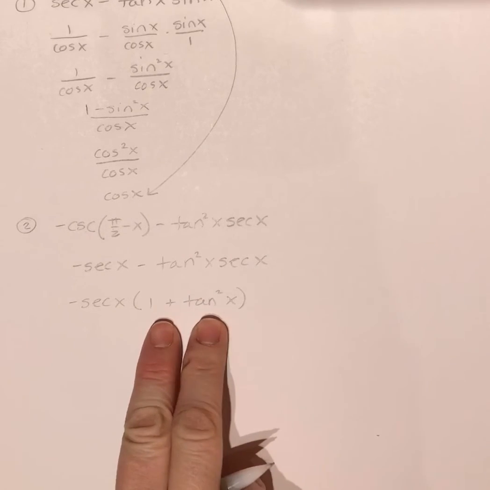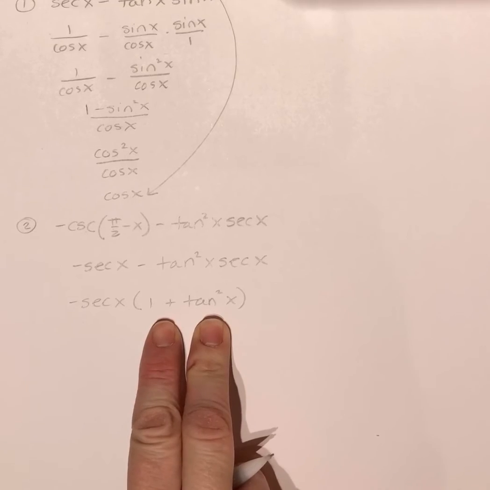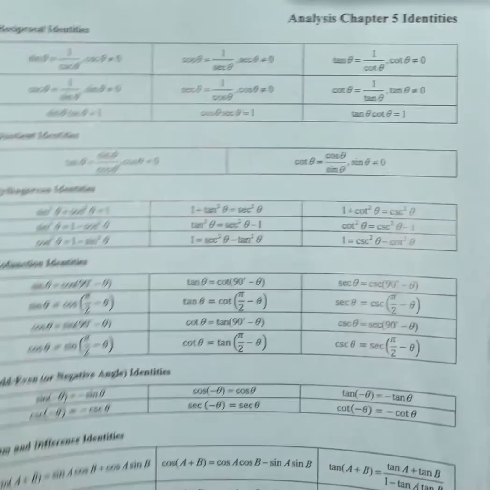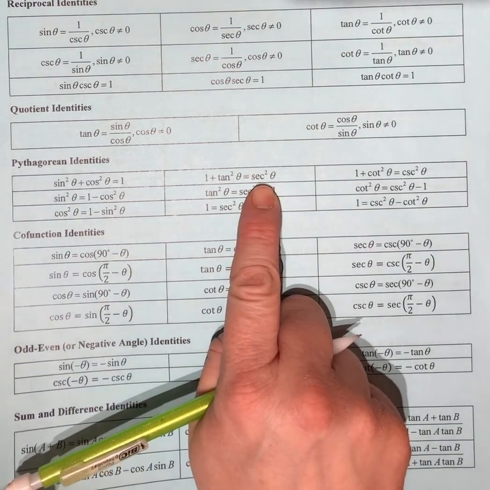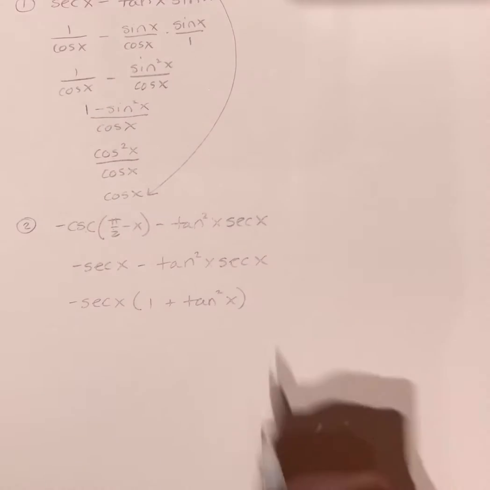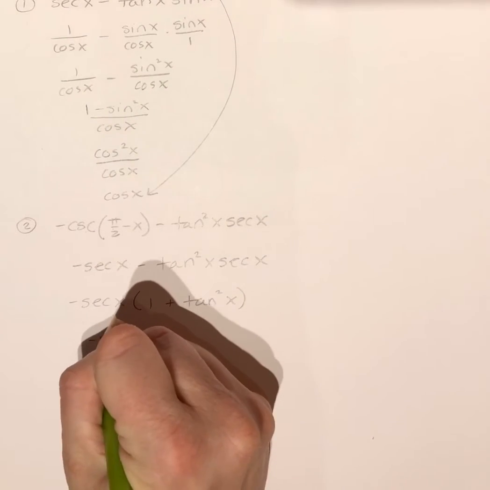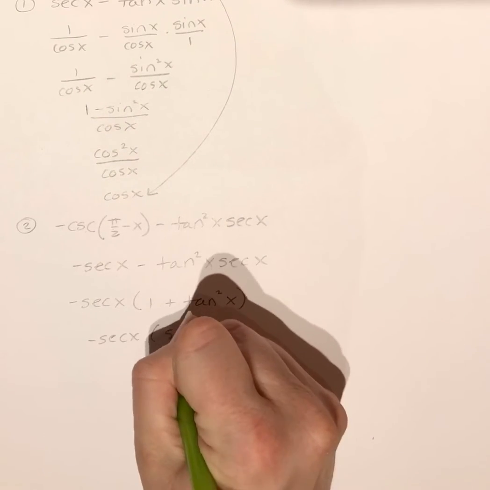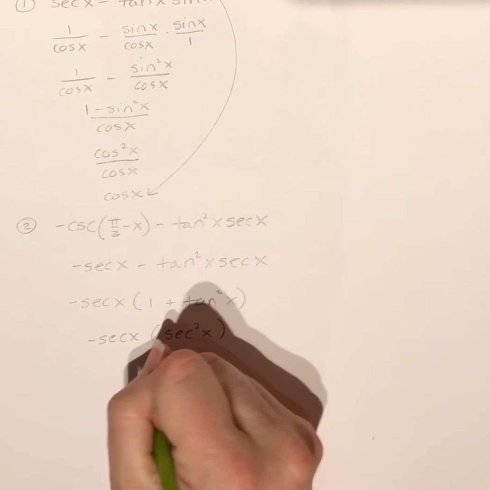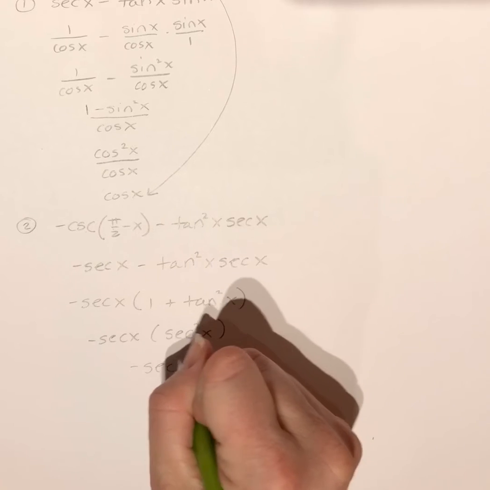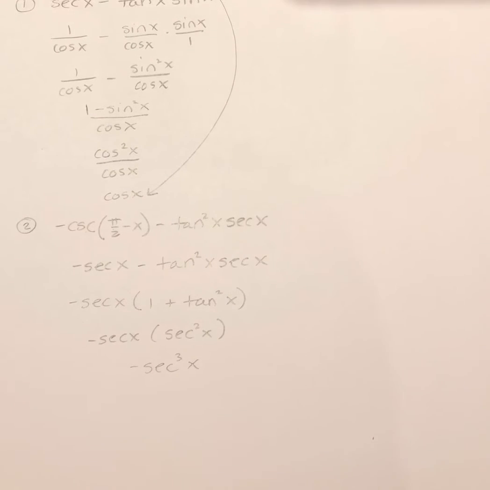And again, the more you practice, the more you're going to recognize this. This 1 plus tangent squared is right here, and that's equivalent to secant squared. So I have a negative secant of x times a secant squared of x, and secant times secant squared is going to give me a negative secant cubed of x.